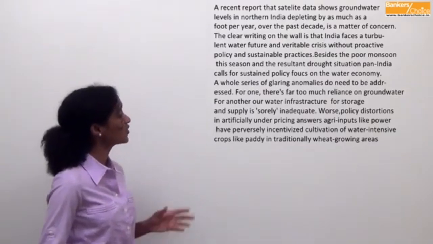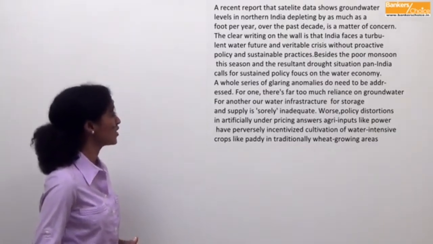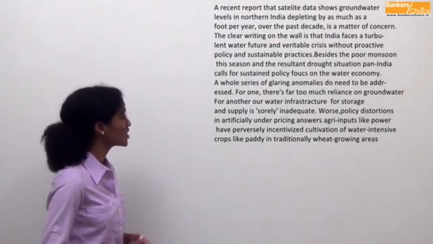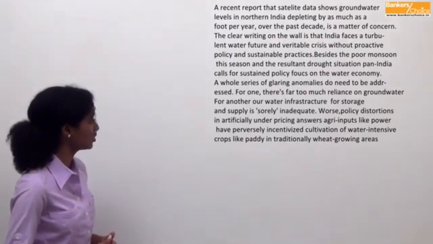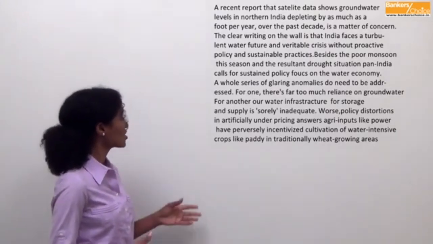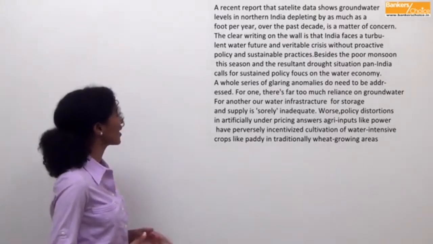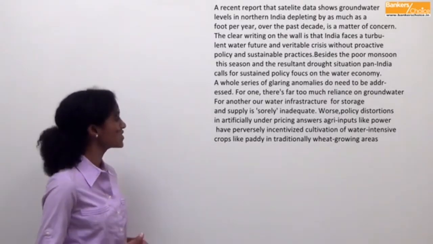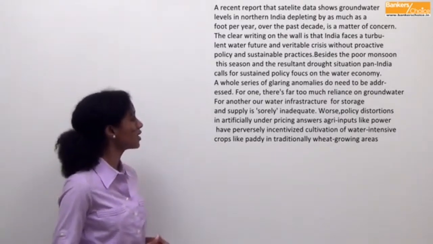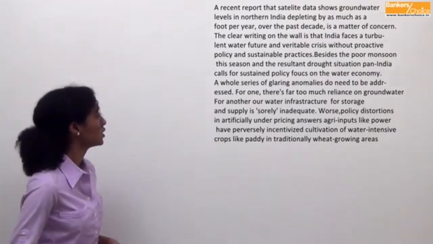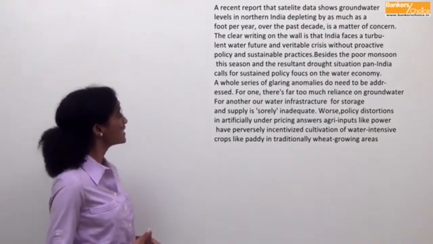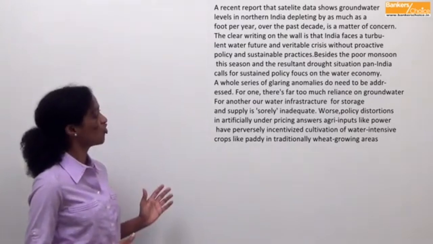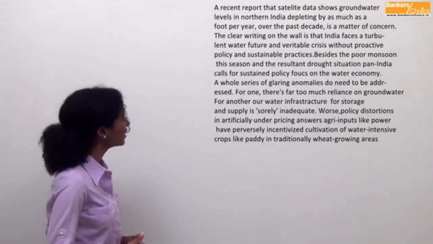A whole series of glaring anomalies do need to be addressed. For one, there's far too much reliance on groundwater. For another, our water infrastructure for storage and supply is sorely inadequate. Worse, policy distortions in artificially underpricing agri-inputs like power has perversely incentivized cultivation of water-intensive crops like paddy in traditionally wheat-growing areas.